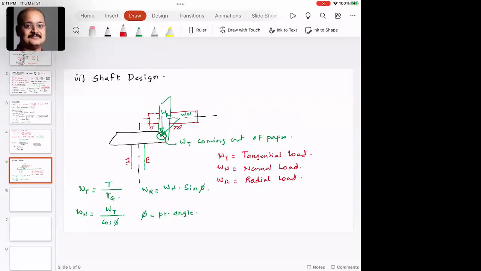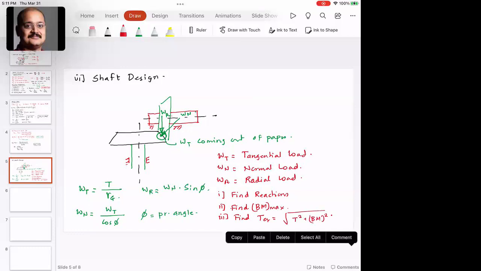So with this, step number one, find reactions. Step number two, find maximum bending moment. Step number three, find equivalent torque, which is the square root of torque square plus maximum bending moment square.